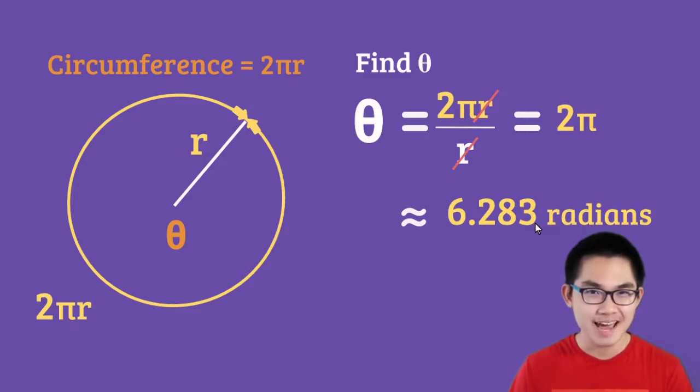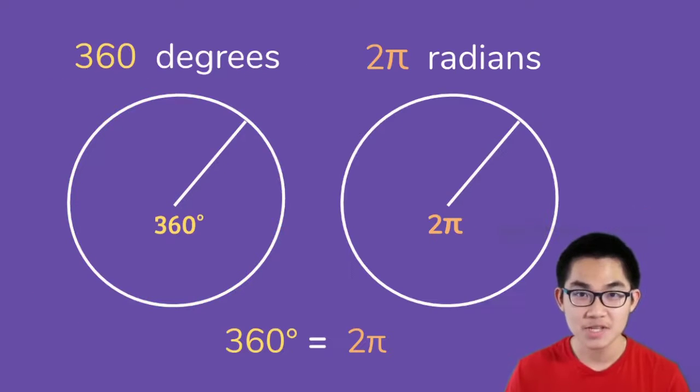So what does this tell us? Well, it tells us that whenever the arc length is equal to the circumference, or when the arc length covers the entire circle, then the angle in here is going to be approximately 6.2 radians. So you might know that 360 degrees is the angle that covers the entire circle.